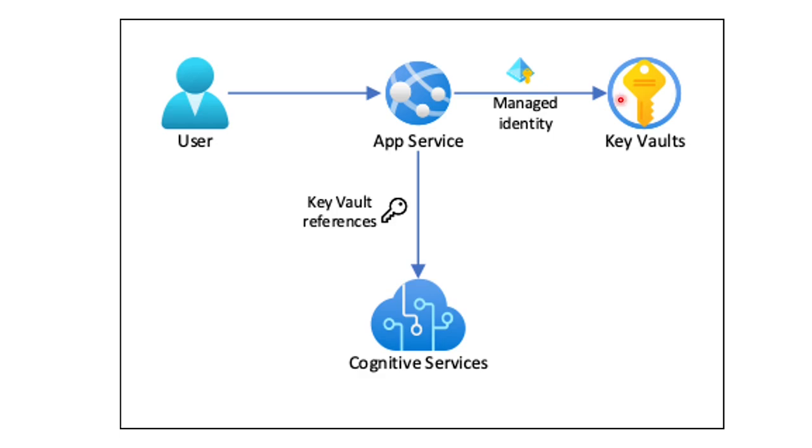So the flow goes something like this. If this Azure Web App code were to call these cognitive services, it would obviously require a primary key, right? And this primary key is stored in Azure Key Vault. So first of all, using a managed identity, it would talk to Azure Key Vault. It would say to Azure Key Vault, well, I have a managed identity, and my managed identity lets me access you. Now, because I want to call this cognitive service, please give me the primary key for this cognitive service. So Azure Key Vault verifies the managed identity and gives the primary key to the code of this Azure App Service.